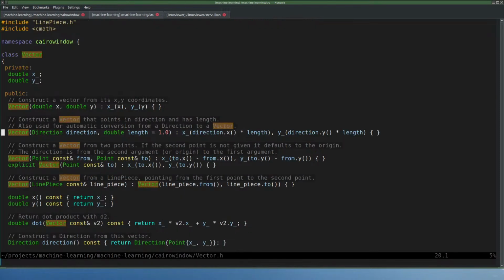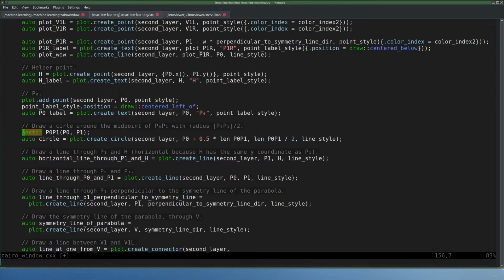So we can construct a vector from 2 points. Yep, from 2. Totally should work. And then I can do plus a half that vector and just the length of that vector divided by 2.